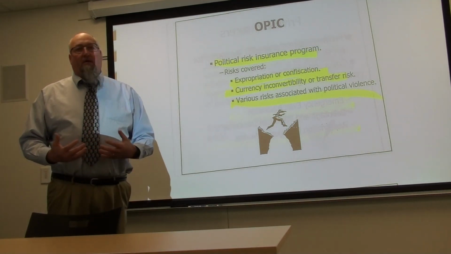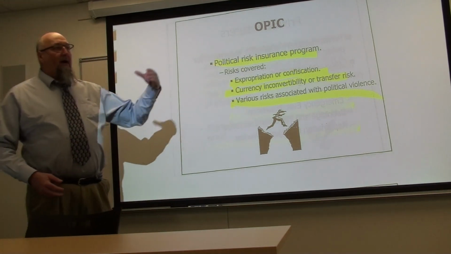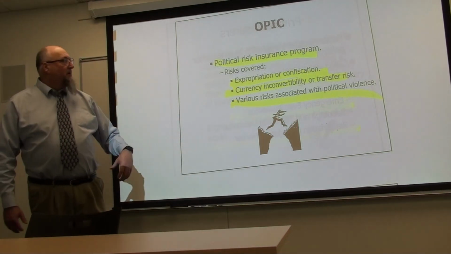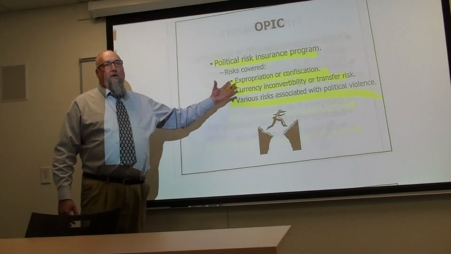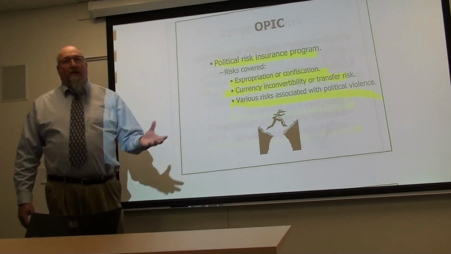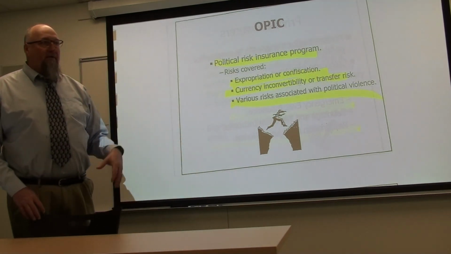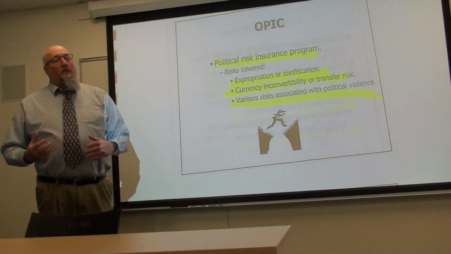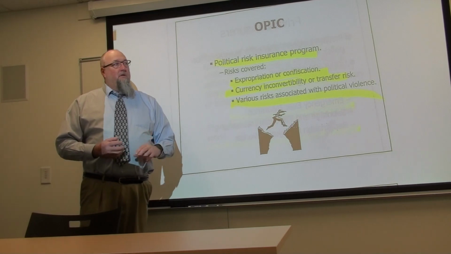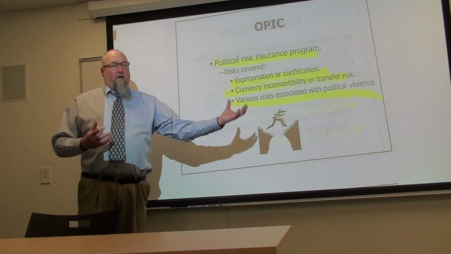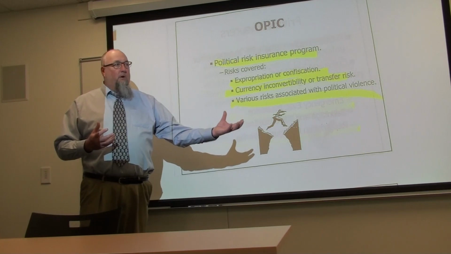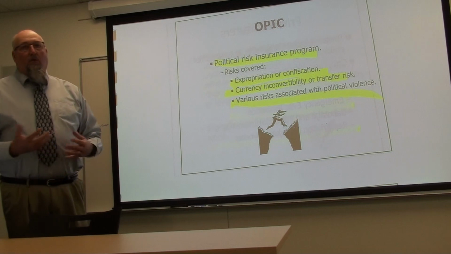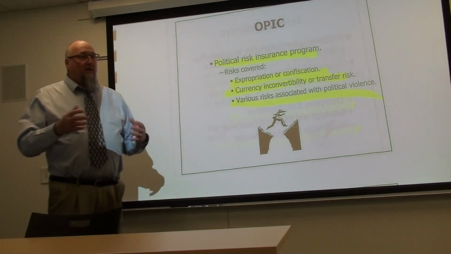as the US company, rather than having to go battle it out with the government that seized that asset, I can now go to OPIC or MIGA and file a claim, just like I would if my house caught on fire. I'd file a claim with State Farm Insurance. And now, I could stay in the US, I don't have to go file a claim of some type in a foreign court, and I'm now going to be compensated by a US company or by MIGA here in the United States.